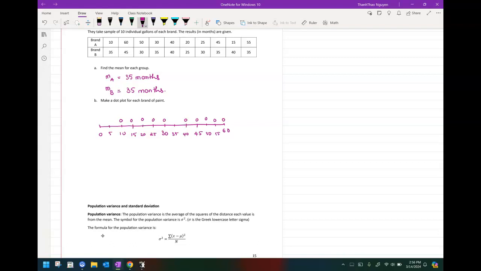Let's use the same number line for brand B. Let me just take this number line down. Again, 30, 5, 10, 15, 20.